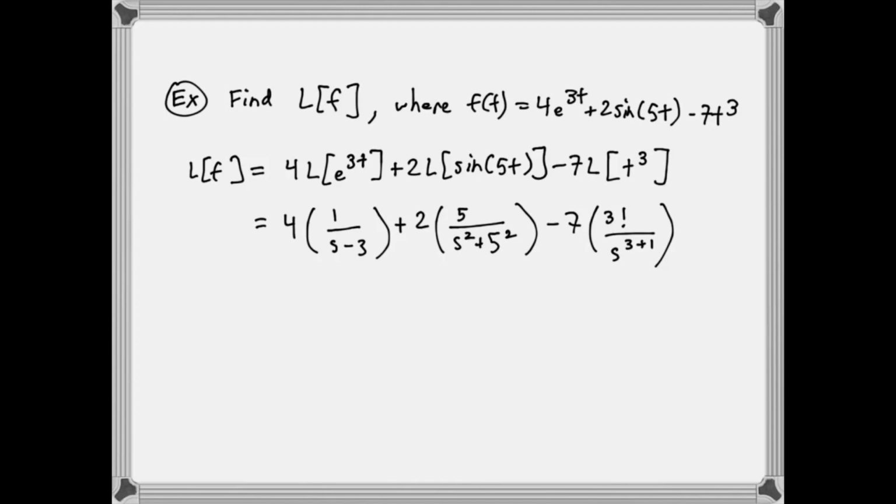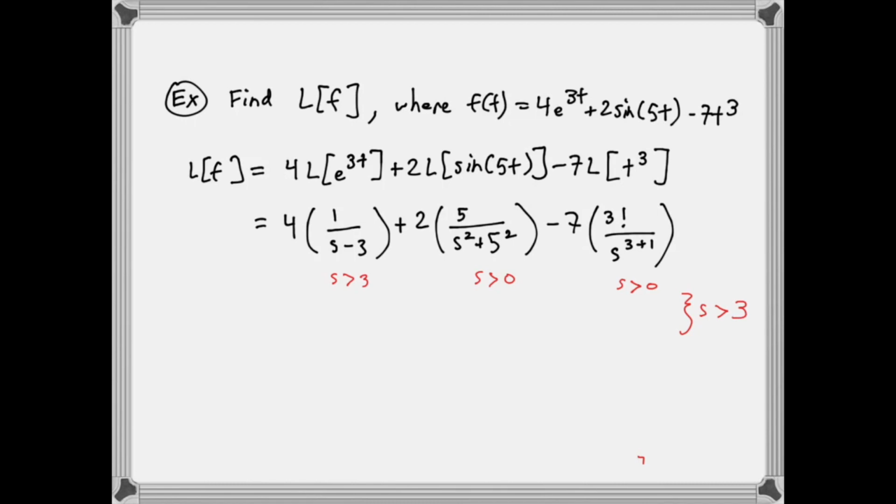What does s have to be larger than? Okay, well, in this one, s has to be larger than 3. And in this one, s has to be larger than 0. And for the last one, s has to be larger than 0. And so this means that they're all true if s is larger than 3.